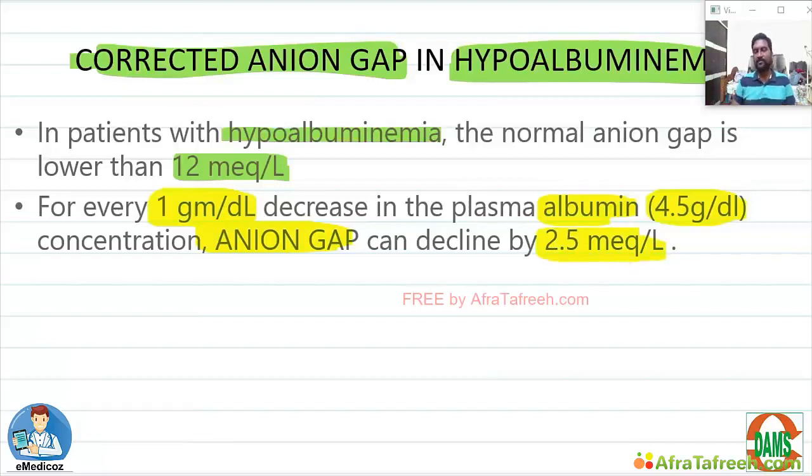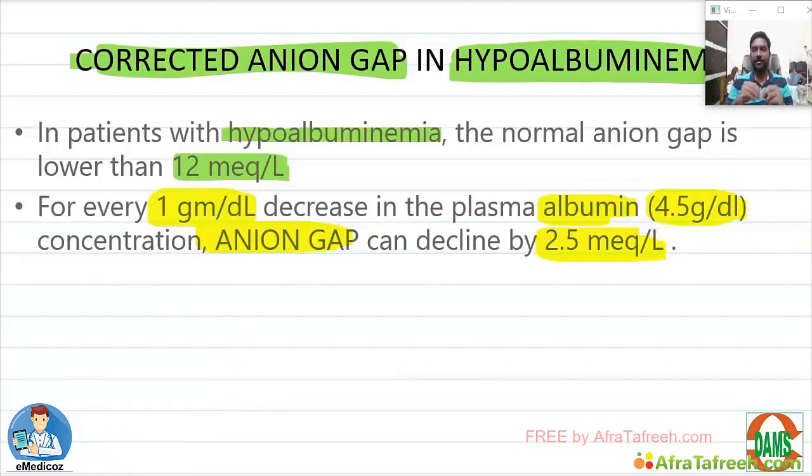This is a very significant value. So if normal albumin is 4.5 and now the albumin has decreased by 1 gram, the anion gap can also decrease by 2.5 milliequivalents per liter. This is one relation that you should know.